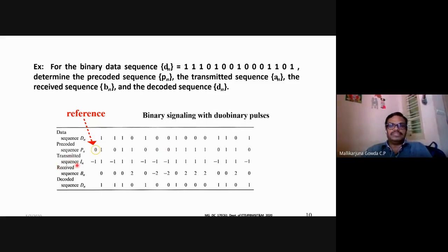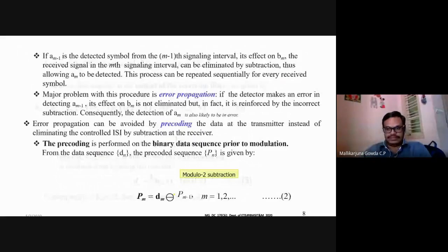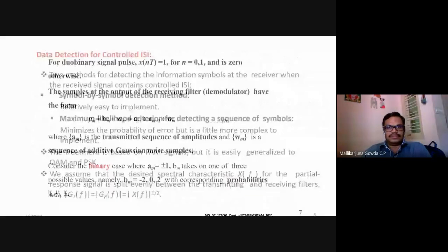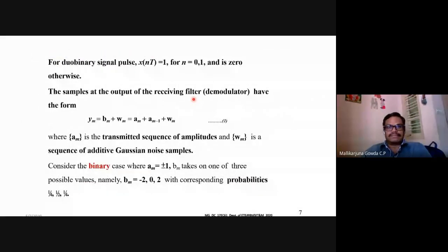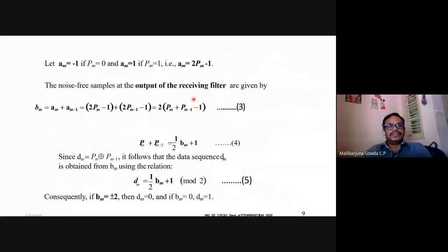Then the transmitted sequence is denoted as A suffix n, right? So what is A suffix n? Will you be able to say A suffix n? So here it is written, A suffix n. What am I writing? -1 if Pn is 0.